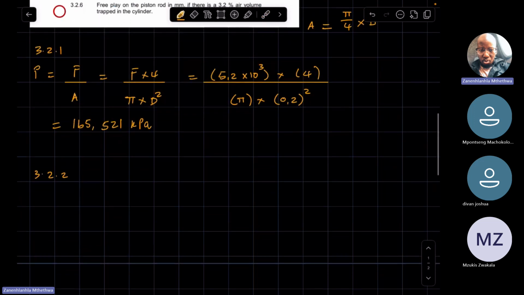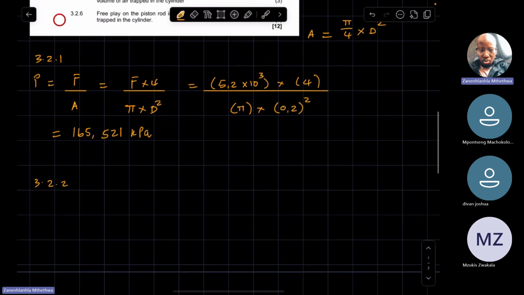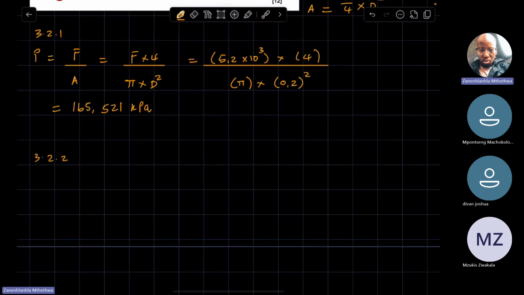Like I explained, how you calculate the total or effective bulk modulus is using how we calculate the compressibility of a material, which is 1 over.